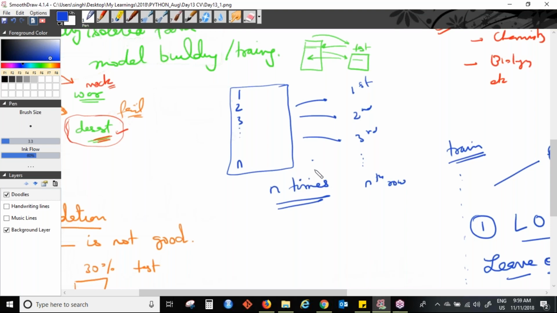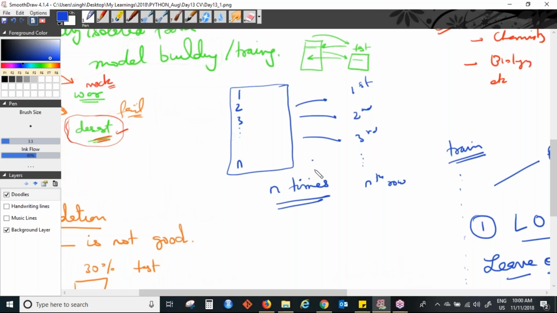Okay. So this is the best approach that you can check. So this is like, again, I will bring the Indian Army example here. Your army is trained on, let's say, 5 terrains. You test your army on the first terrain, then you test your army on the second terrain, the third terrain, fourth terrain, and fifth terrain, and then you find out the accuracy.